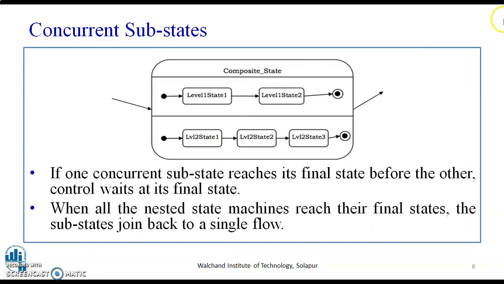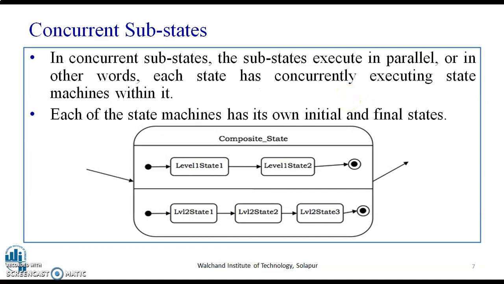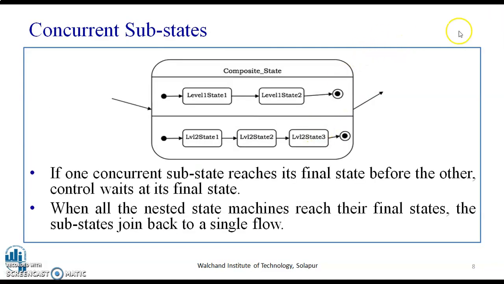Next is concurrent substates. If one concurrent substate reaches its final state before the other, control waits at its final state. Now, as we have seen over here, this is a concurrent substate where there is a chance that in this level 1 there are two substates.